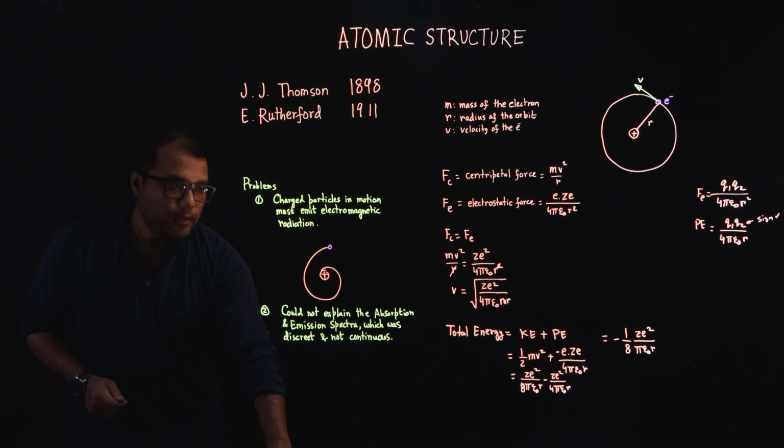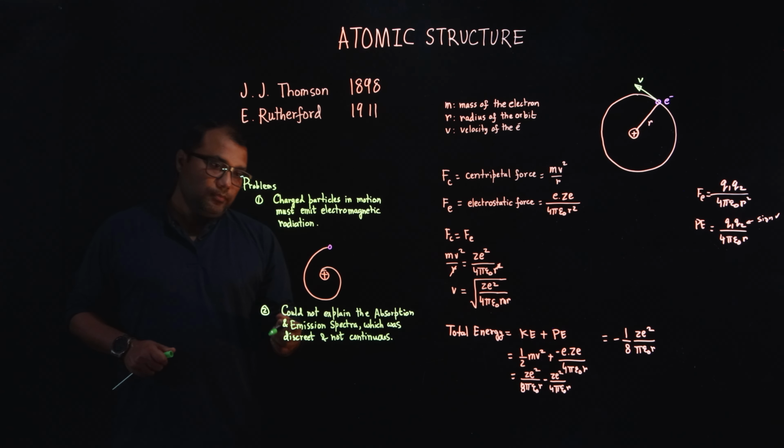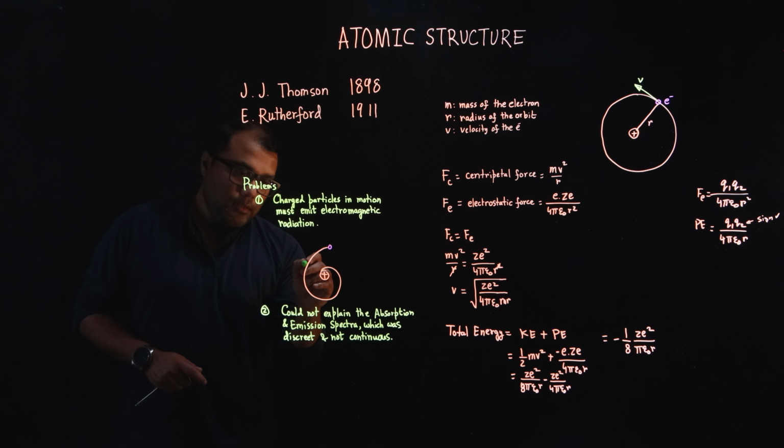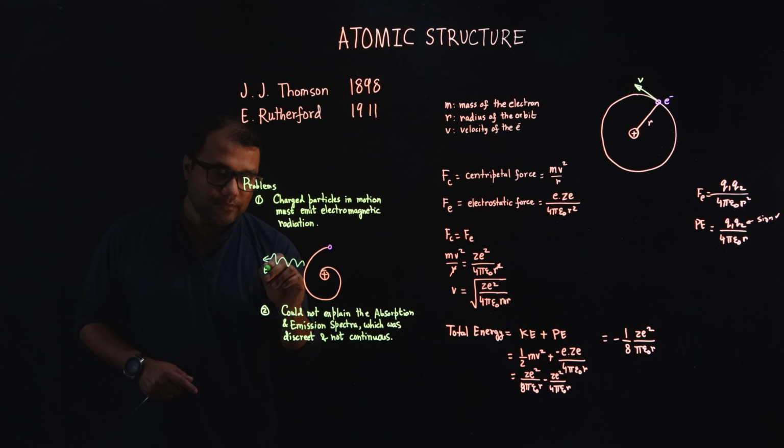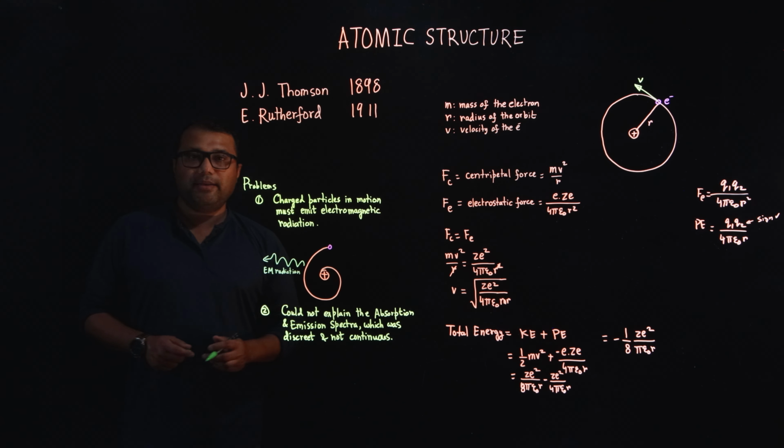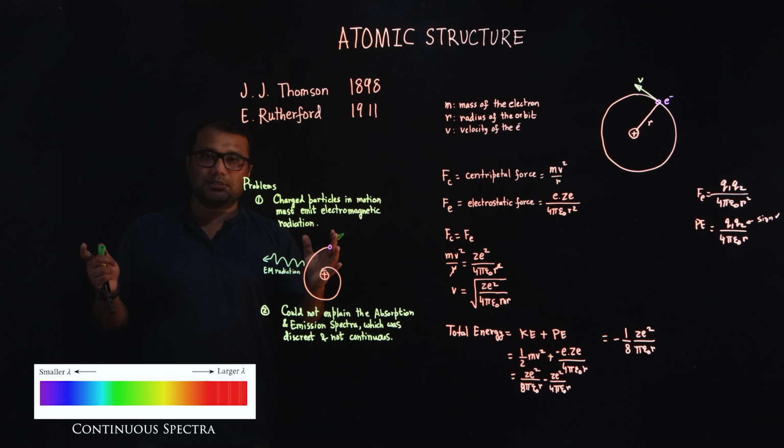If an electron is revolving around the nucleus, it should emit electromagnetic radiation, and this electromagnetic radiation must be continuous.